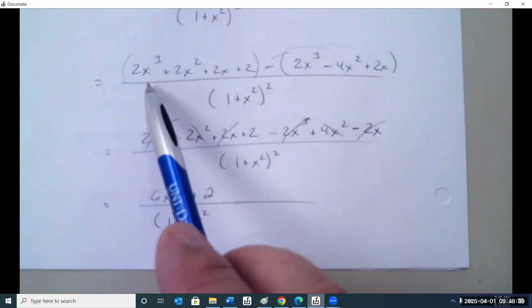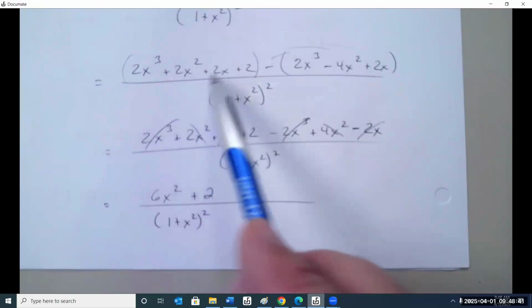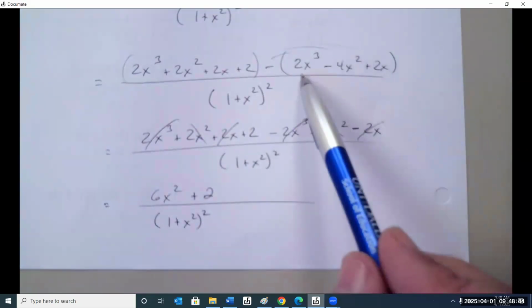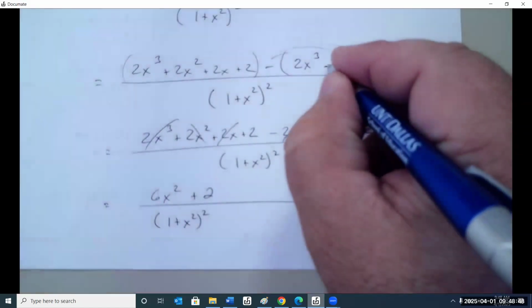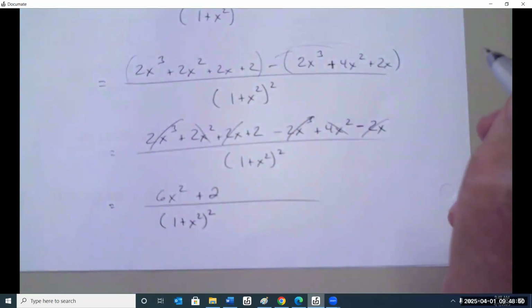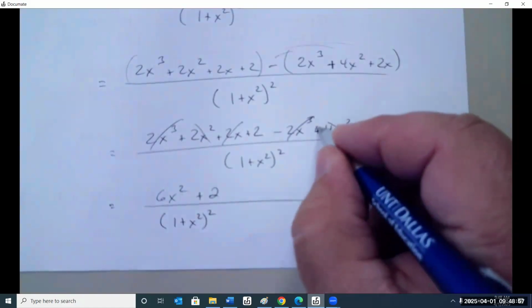Combine. Minus that. It should be plus. So that should be minus.